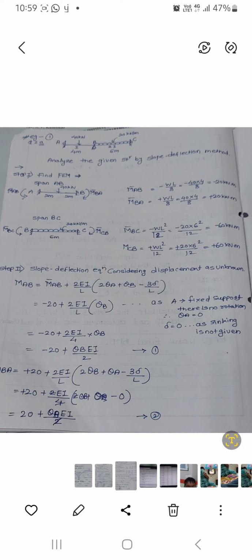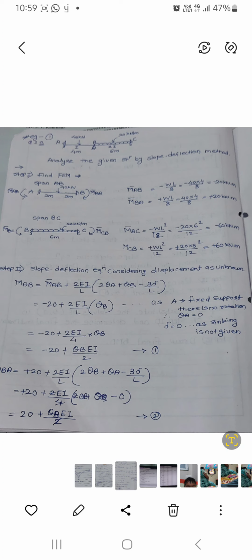At the time of calculating the fixed end moment, we have to assume that the beam has both the ends fixed. That means A and B, we are assuming both the ends are fixed ends, and then we have to calculate the fixed end moments, that is M bar AB and M bar BA.